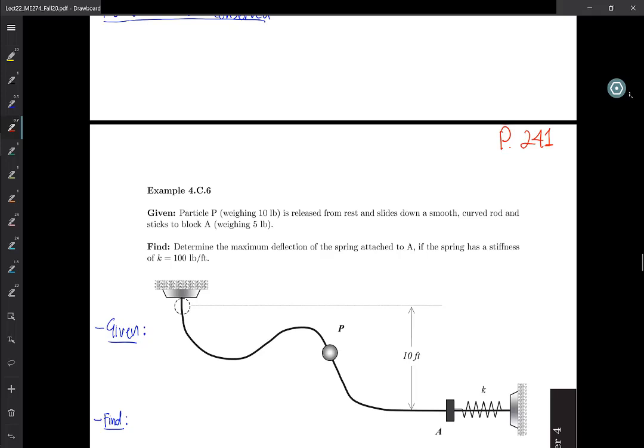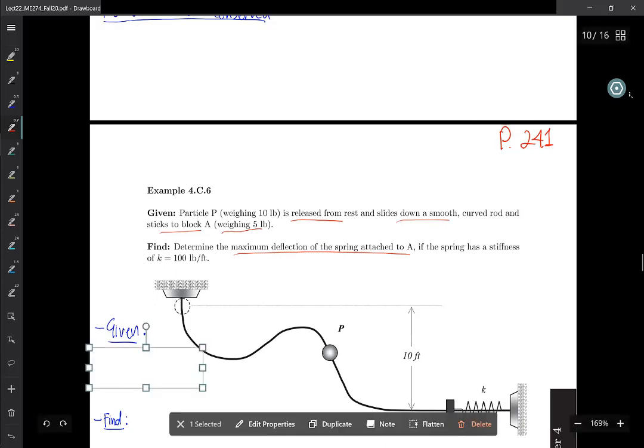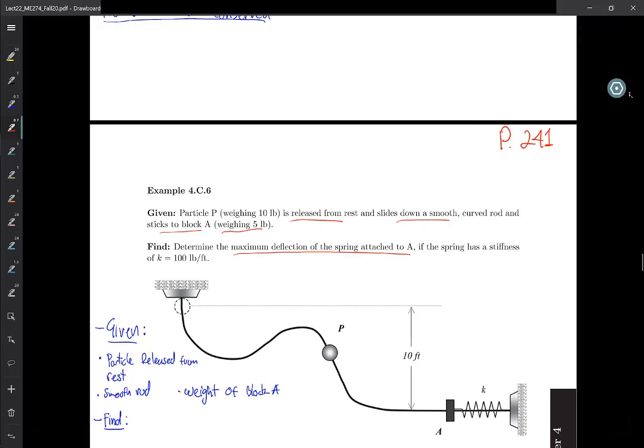Particle P has some weight, is released from rest, and slides down a smooth rod, and then it sticks to block B. We need to find the maximum deflection of the spring that is attached to block B. Notice that block B has some mass. So we have a system released from rest, a smooth rod, and the weight of each block, but in particular, block A has some mass.